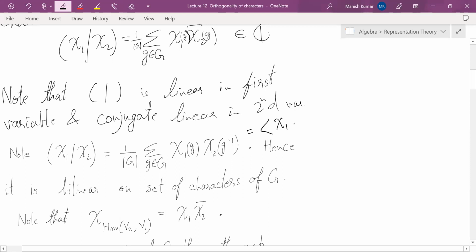This is the notation which is used in Serre, maybe some variant of this. So for all complex valued functions on G, you can define this pairing by this formula.